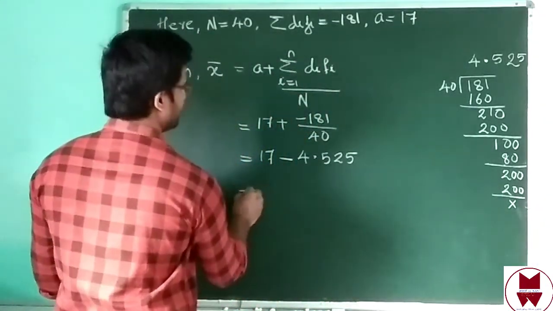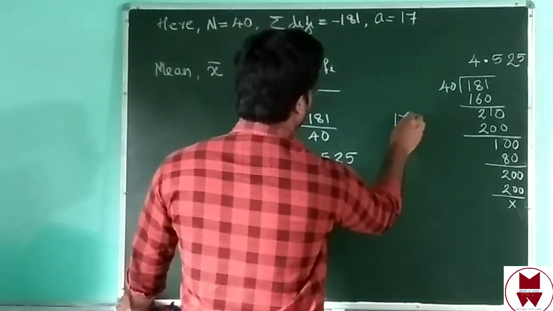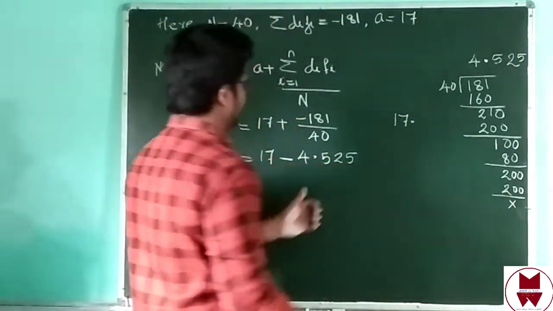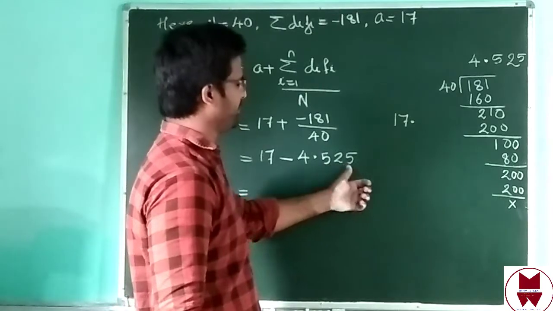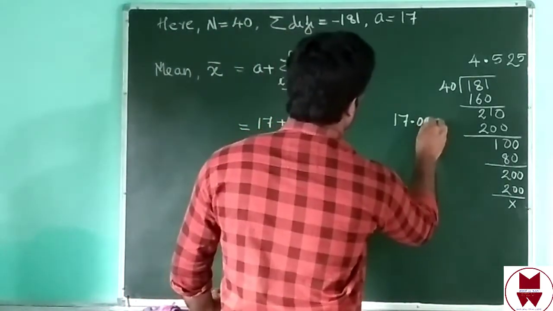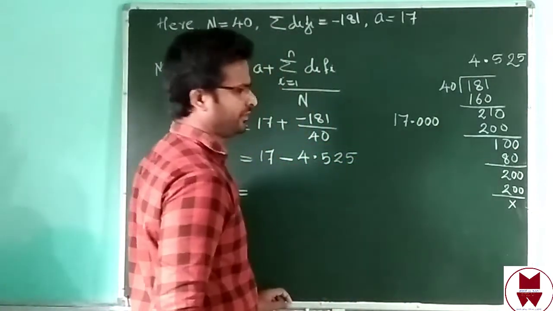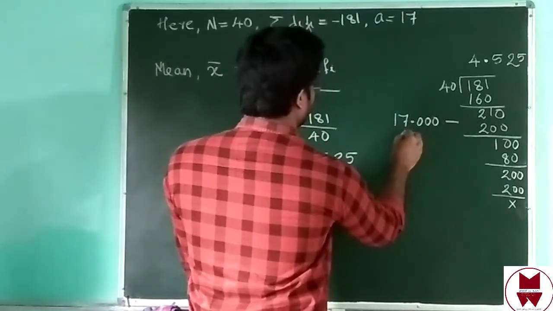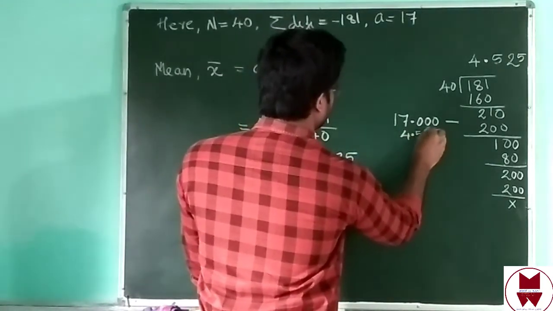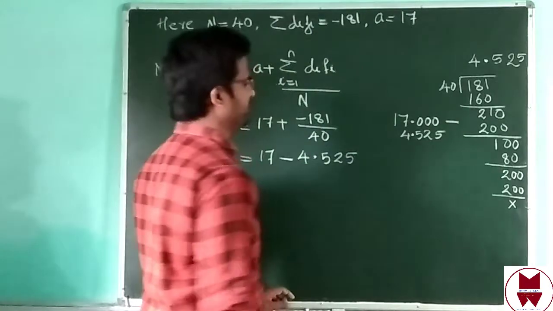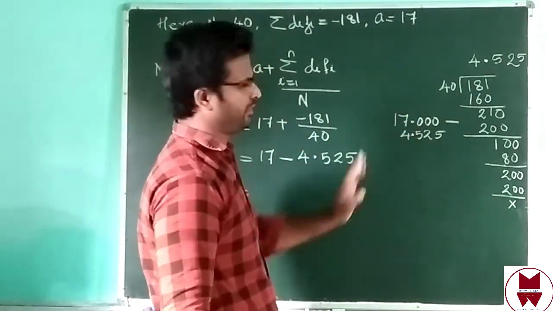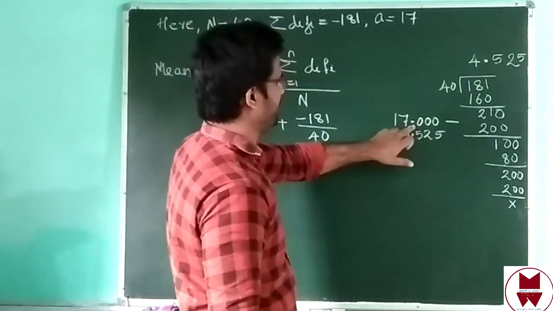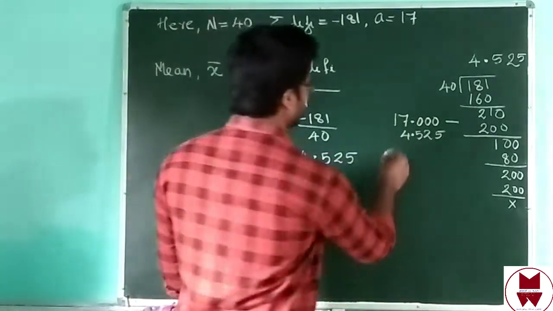Then subtract from 17.5. After the point there are 3 numbers, that's why we can add 1 point and 3 zeros, then minus 4.525. When you subtract, the point should be at the same level. For that purpose only I add 1 point and 3 zeros.